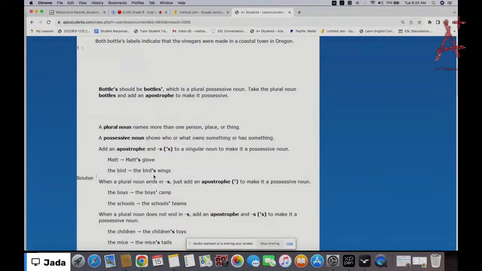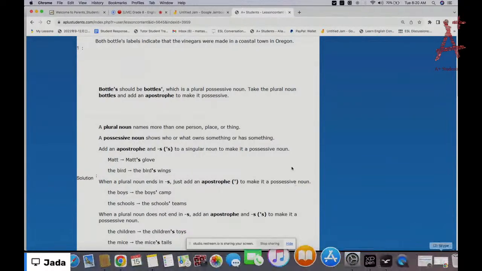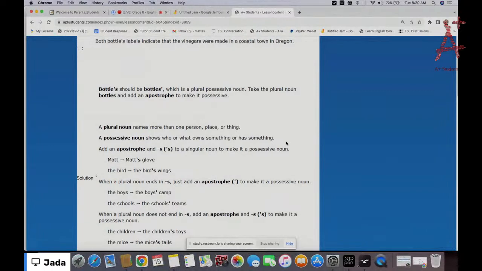Now all this is for a singular noun, like Jane, Messi, and all that. If you want to make it possessive, you say Jane's necklace, Jane's food, or something like that.